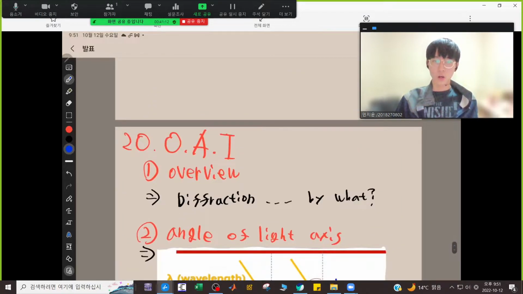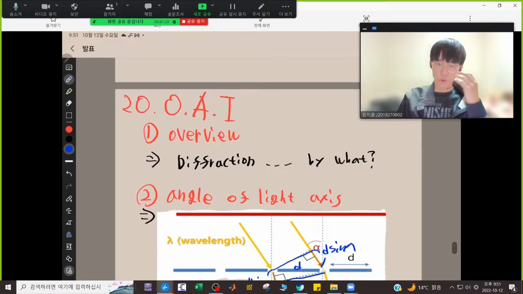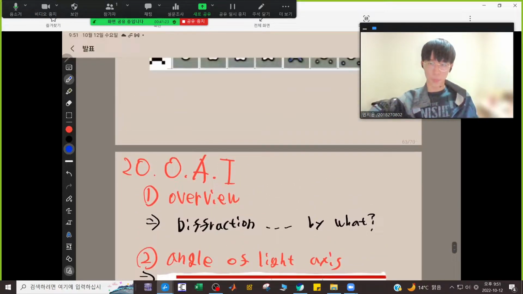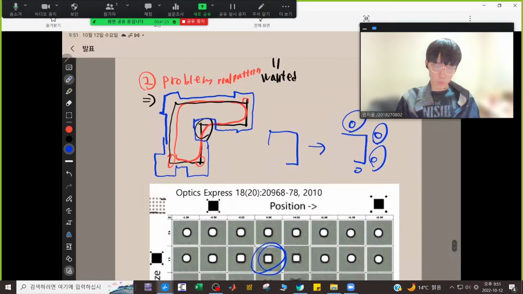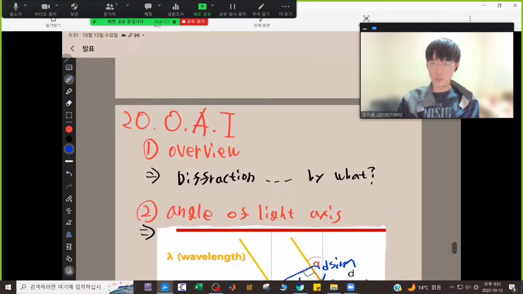Next one is OAI, off-axis illumination. Before this, I explained the diffraction waves, and these waves can also cause some problems. Off-axis illumination is the solution to the diffraction problems by tilting the light axis relative to the mask.